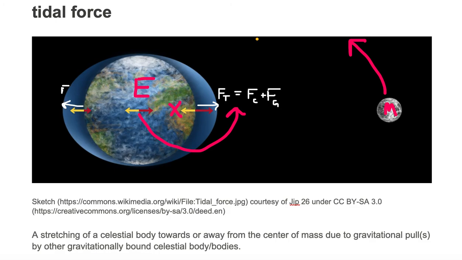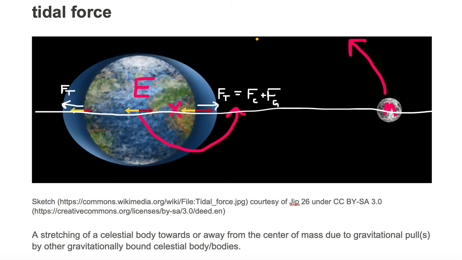So our tidal force on the far side of the Earth is pointing away, whereas the tidal force on the near side of the Earth is pointing towards the Moon. This gives us two tidal forces all along the line of centers connecting the Earth-Moon system.